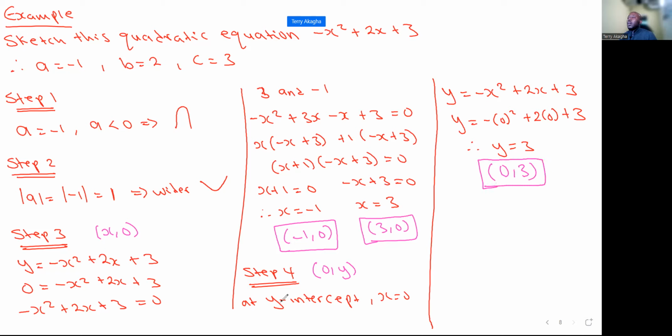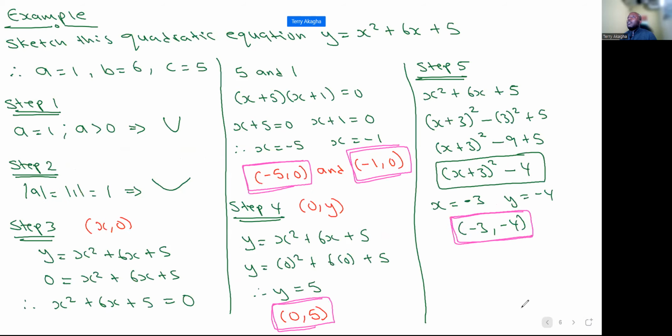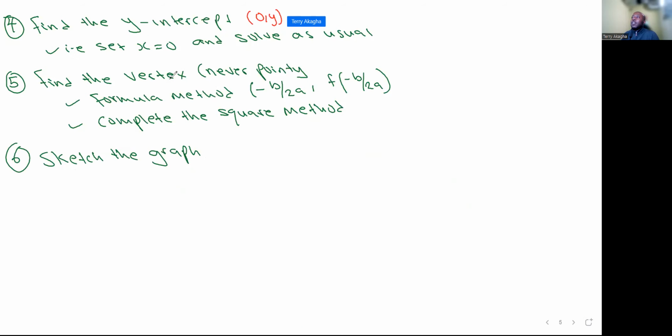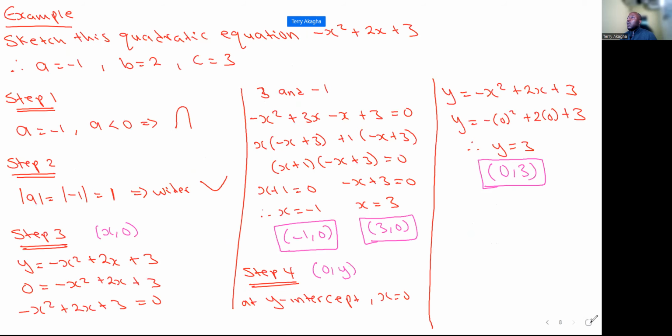After the y-intercept, step 5 is that we have to find the vertex. You can either use the formula method or the complete the square method, but I'm going to use the complete the square method here. All right, so step 5, let's go.